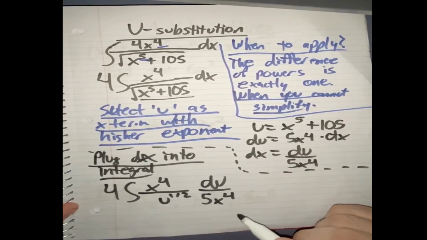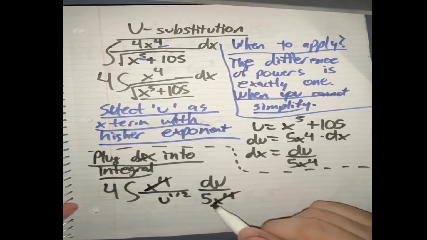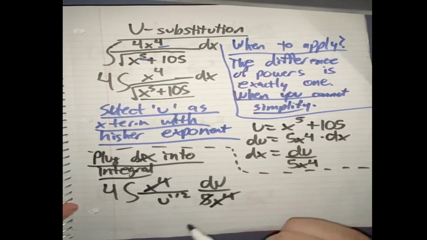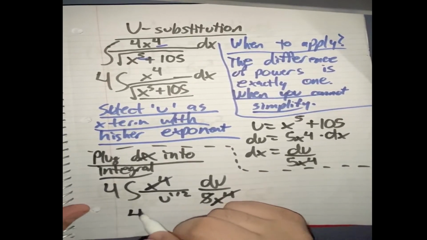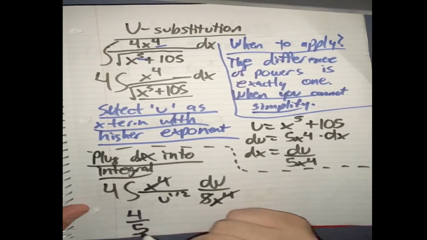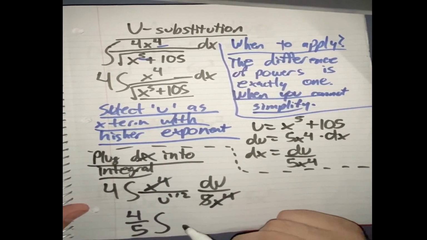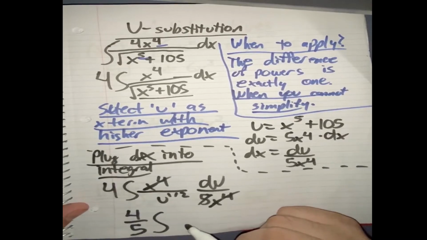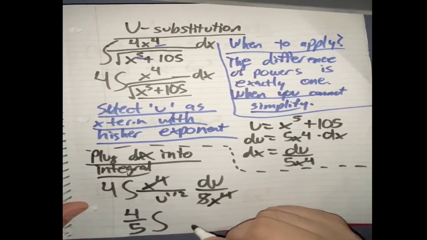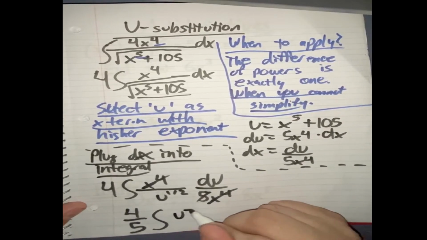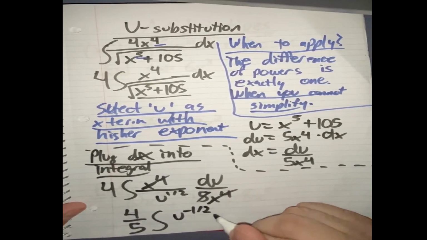And notice how our x to the 4th terms cancel out nicely. Our 5, we can pull outside of the integral sign as a constant. And we're left with 4 over 5, and then we can raise the u to the numerator by making it a negative exponent: u to the negative 1/2 times du.